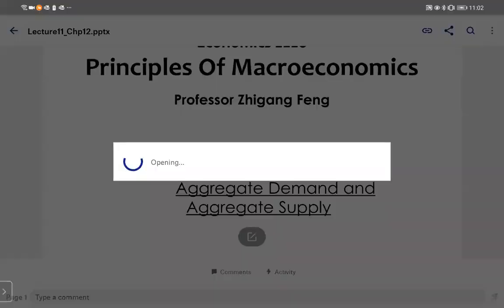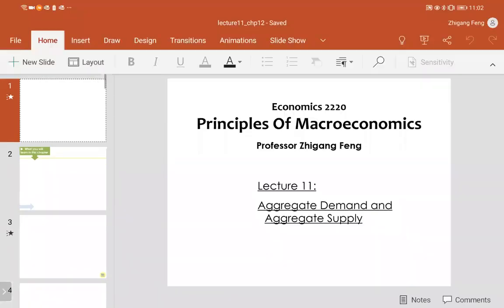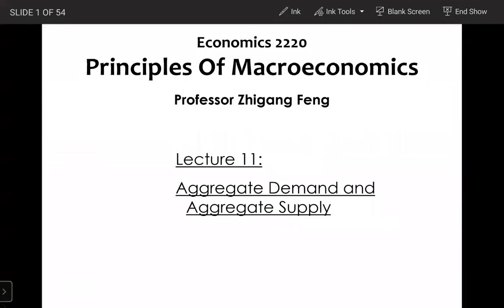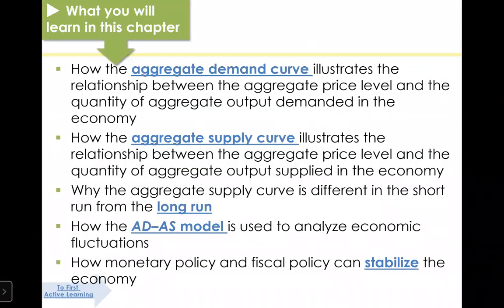Okay, so first let's look at the roadmap of this chapter, right? Your textbook may have slightly different titles, okay? But the key thing here is we look at demand and supply in a unified framework. We are going to look at aggregate demand and aggregate supply separately. In that sense, this is very similar to the demand and supply we discussed in the review of micro.